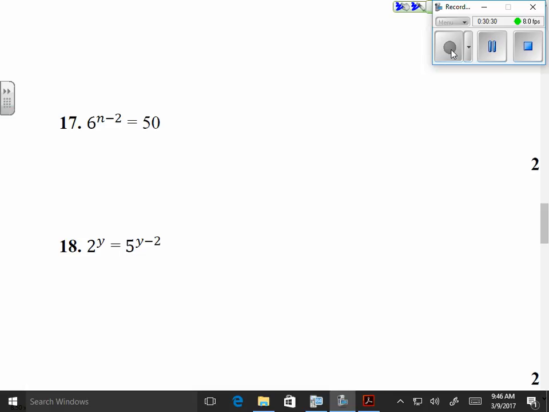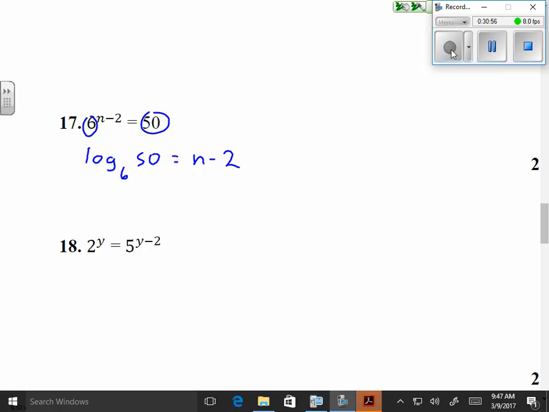What can I do? Let's do that: log base 6 of 50 equals n minus 2. This was what you should have been doing on, I believe, 7-7, maybe some of 7-6.